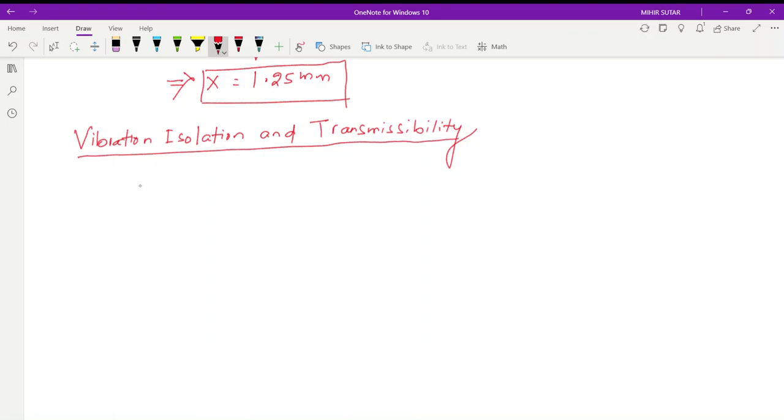Okay, so we can write, in vibration systems many kinds of vibrations.